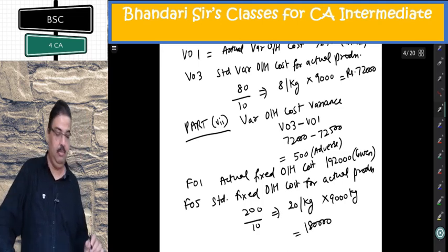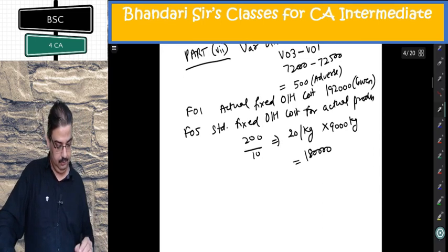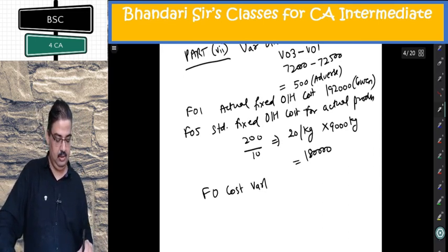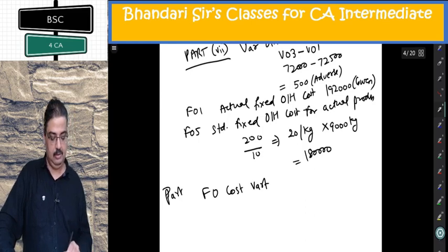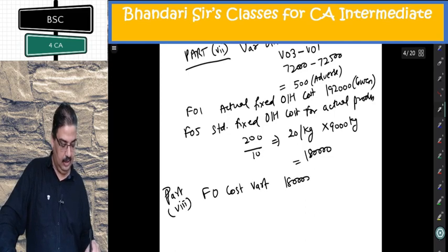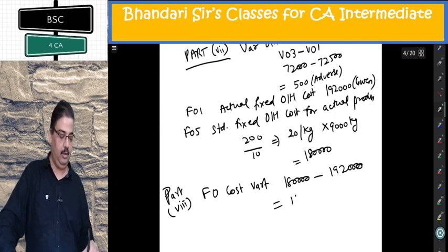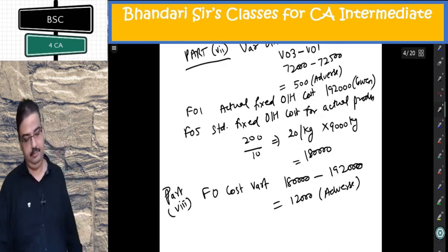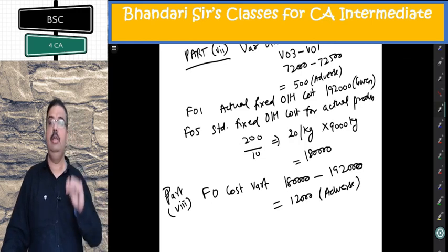They are all similar to each other. Fixed overhead cost variance, that is part 8, last part of this question, 1,80,000 minus 1,92,000, FO5 minus FO1, 12,000 adverse. That is complete question E6.